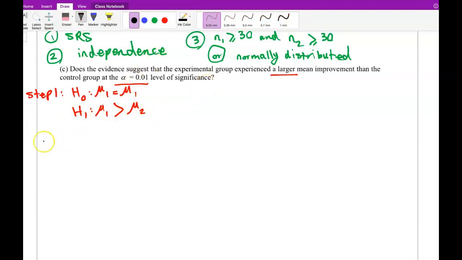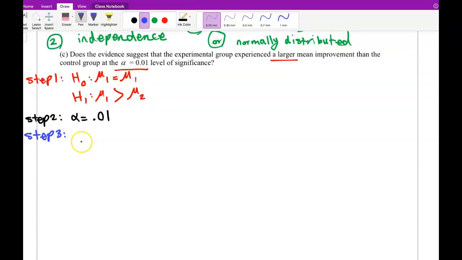Okay, then step 2, alpha is given as 1%. Then step 3, t-test.